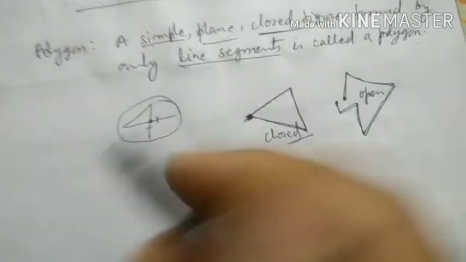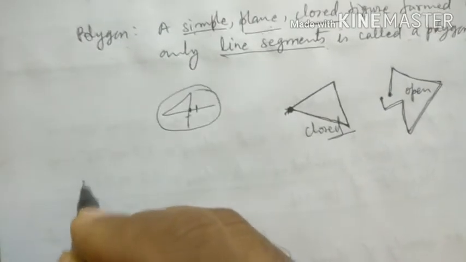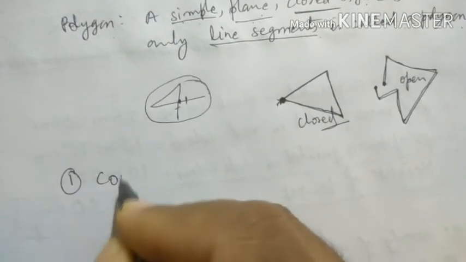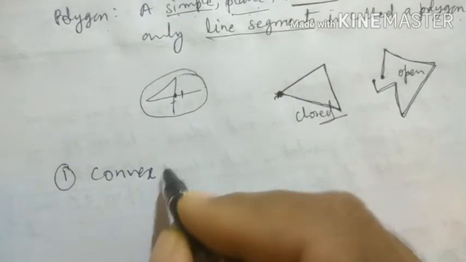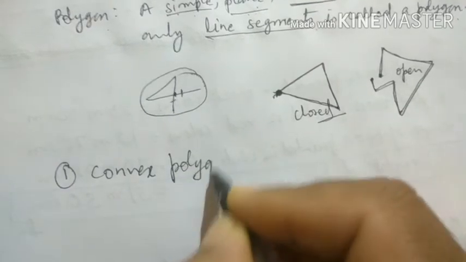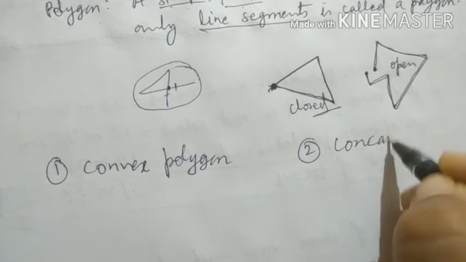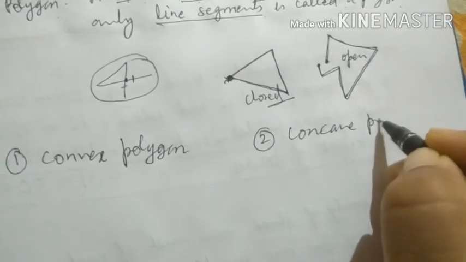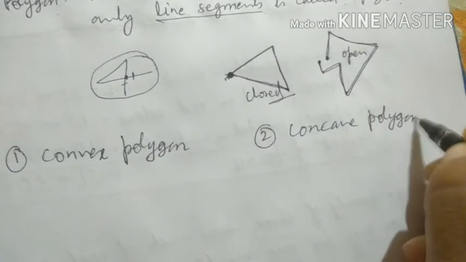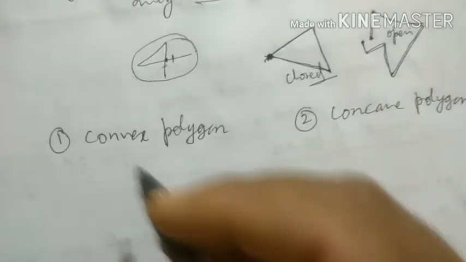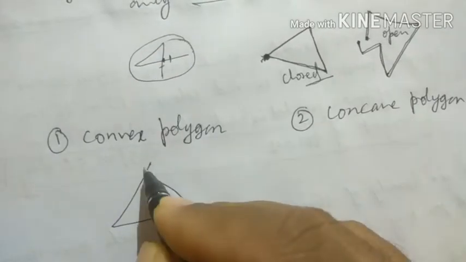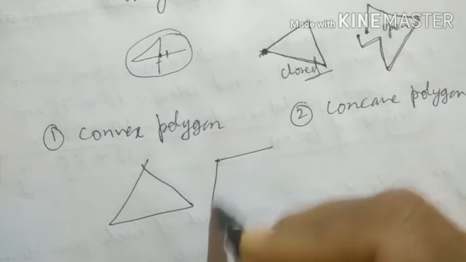Now polygons are of two types. First is convex polygon and second is concave polygon. So what is a convex polygon? This is convex, this is also convex.